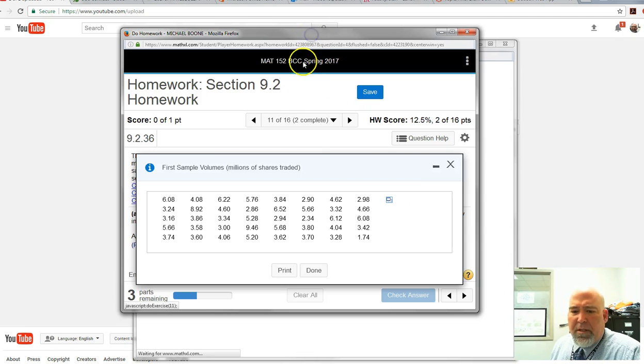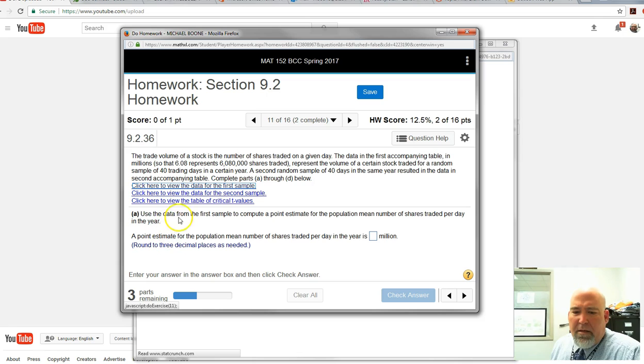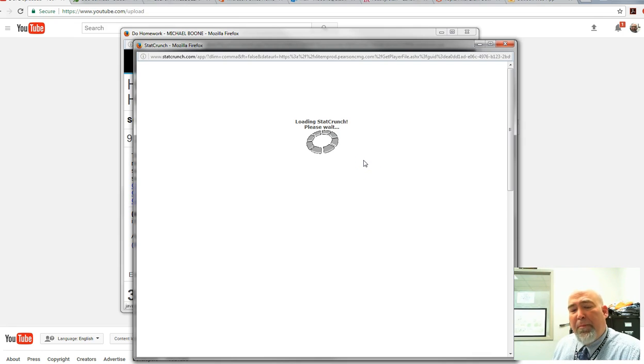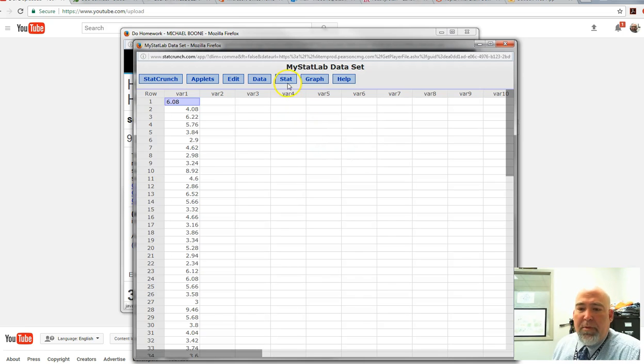But the first thing that it's asking is that from the first sample, compute a point estimate for the population mean. So that's just my best guess. So that's going to be my sample mean, is my point estimate. So my data should be coming up. And again, if I just want to find my point estimate of my population mean, my point estimate is my sample mean.